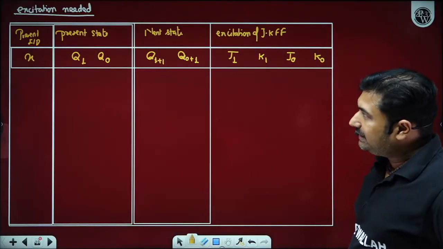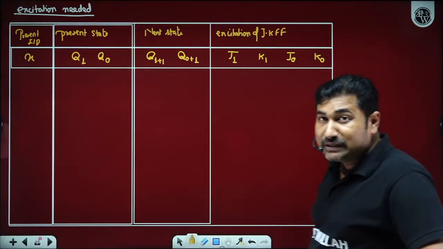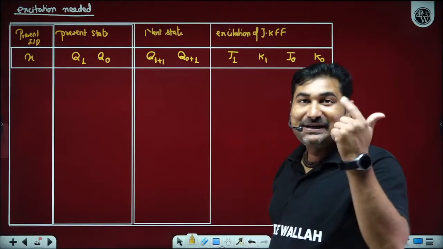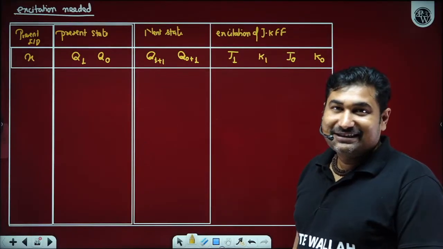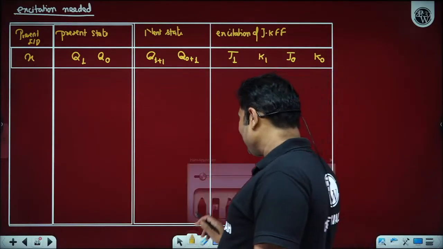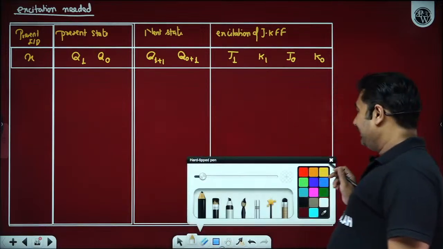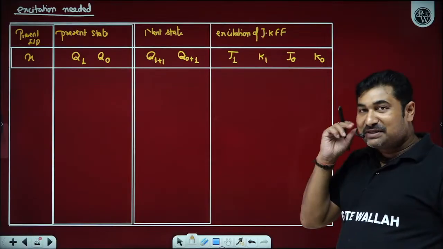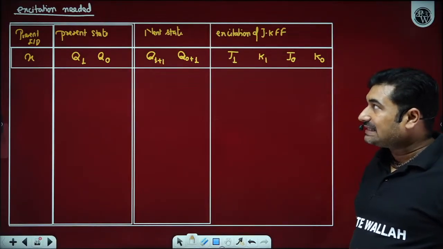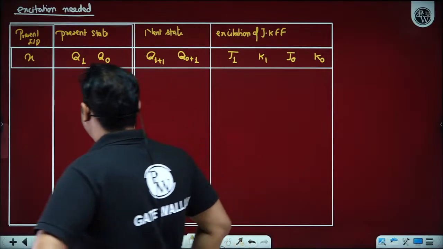We want to design a sequence detector, a decoder, so that we can have a secret message. Now we have a present input x and present state.